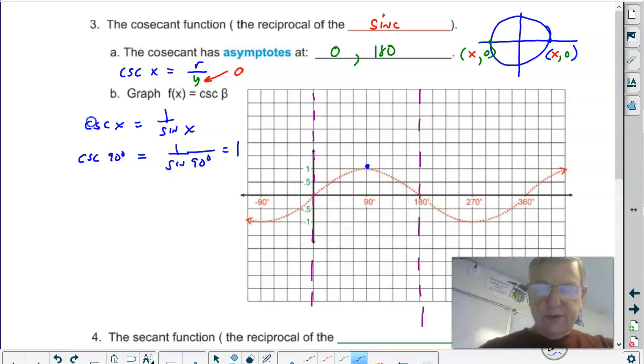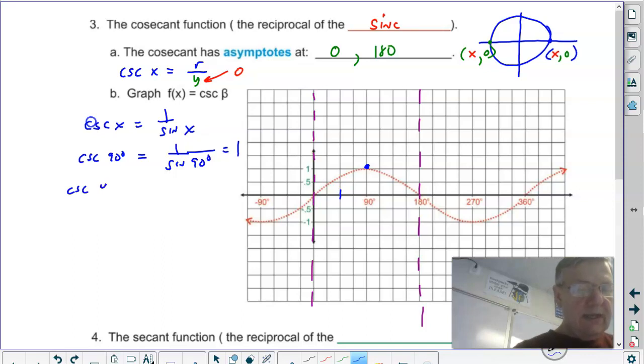I'm doing it in blue here. So that's our first point, 90 and 1, right at the crest of the sine is the cosecant. Let's go ahead and do 45.